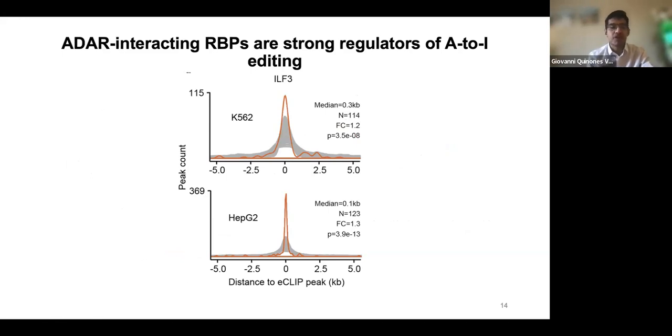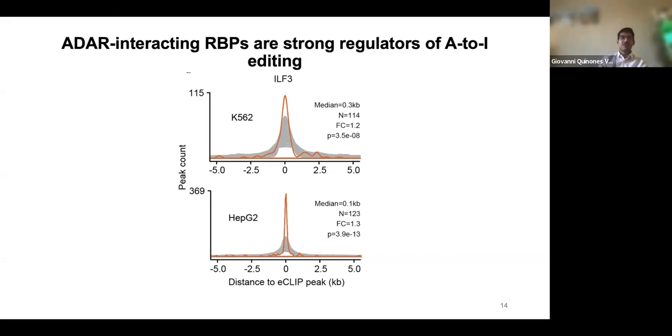So this binding profile tells us a number of things. For example, if we look at the overall effect of ILF3, we see that it's not the strongest regulator. It's not the RBP that has the highest effect on global RNA editing. But at the same time, it is an RBP that is binding very closely, almost a perfect overlap, with every differentially edited site.